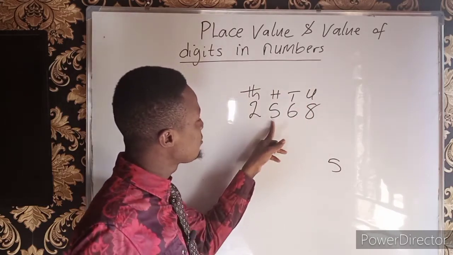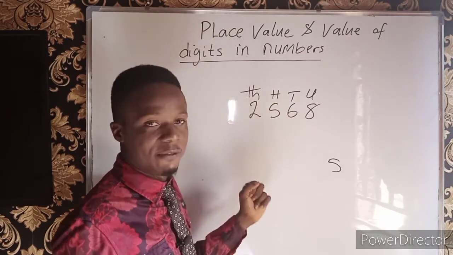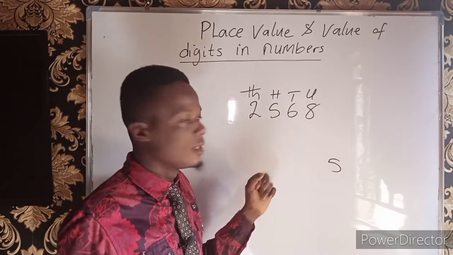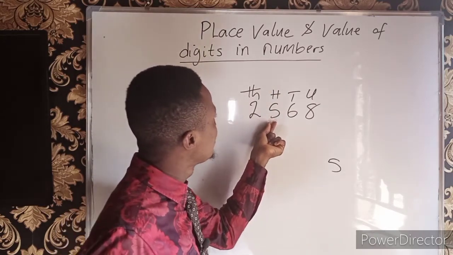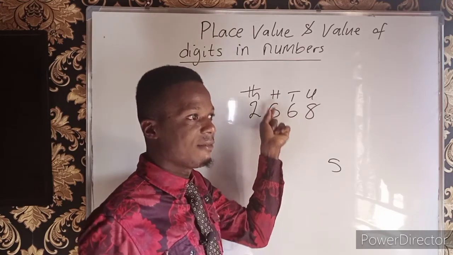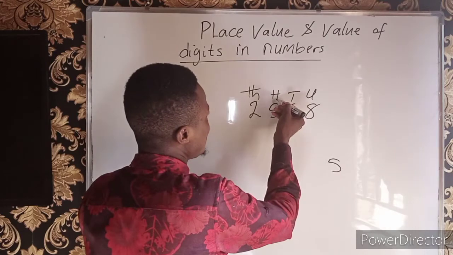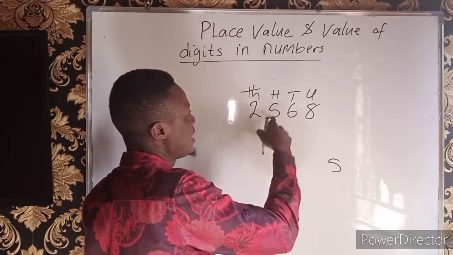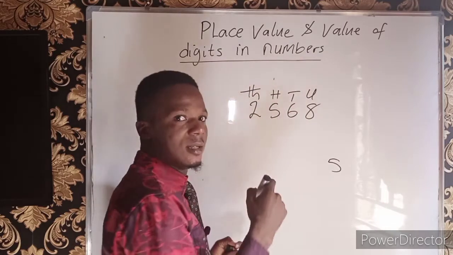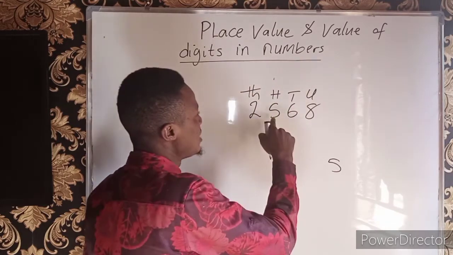So this 5 has a value of 500 here, not just 5, because 100 is above it. So the value of 5 here is 500, but the place value is 100 because it is in the place of 100. So the place value of 5 here is 100, but the value of 5 here is 500.